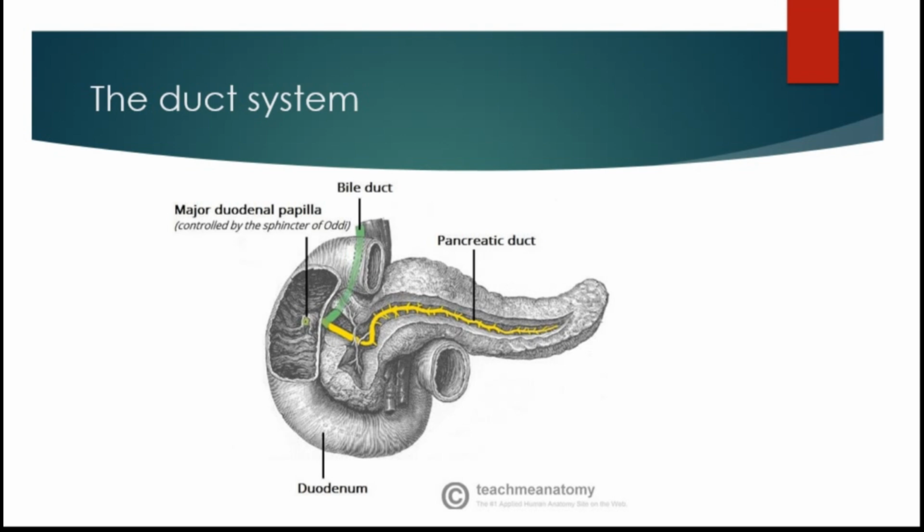The bile duct and the pancreatic duct form the pancreaticoduodenal duct, which secretes into the duodenum.